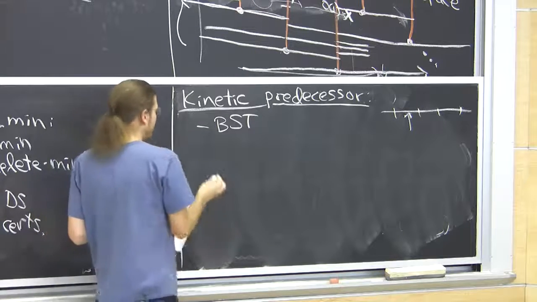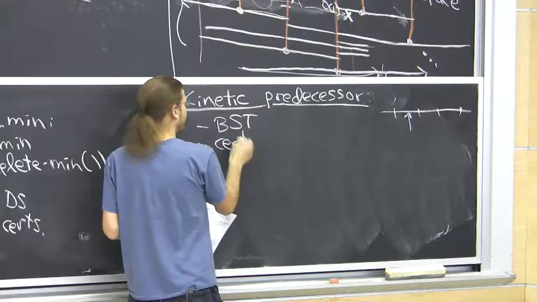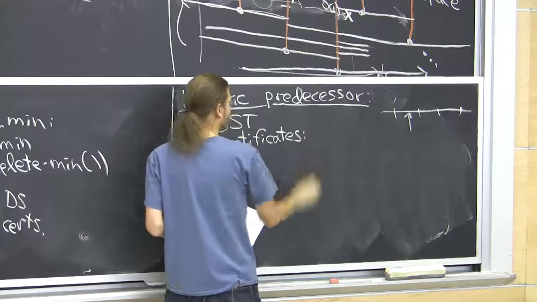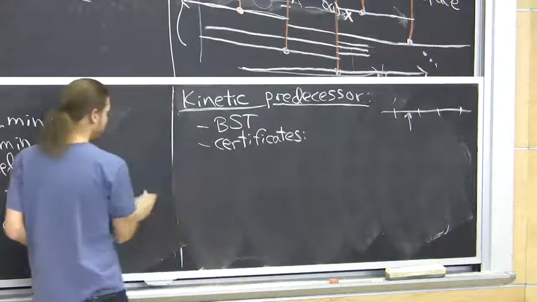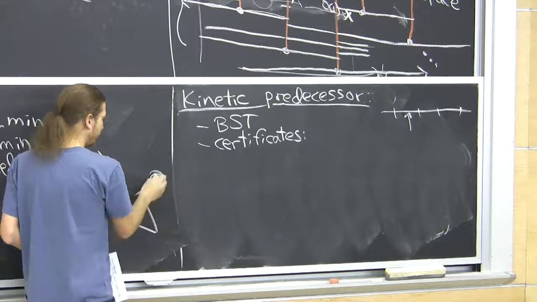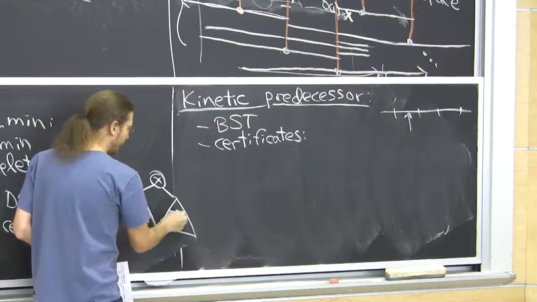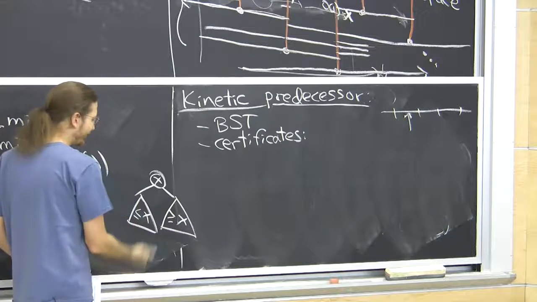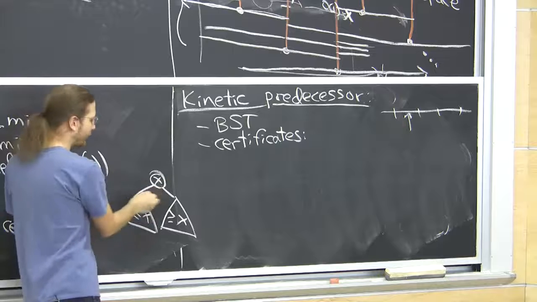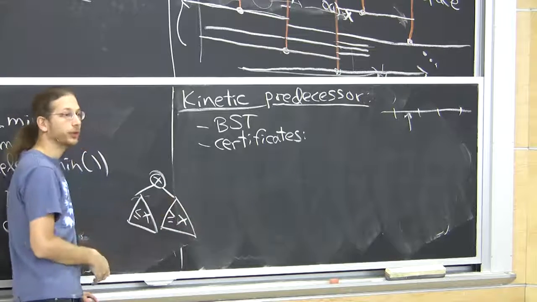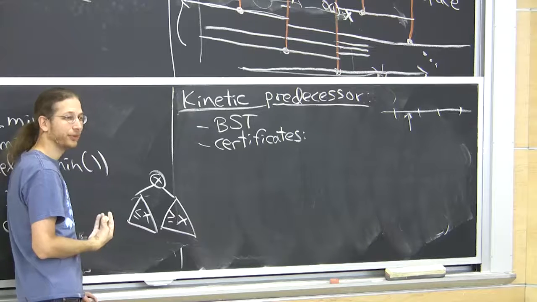So what do we need for certificates? I was going to use this as an example, but it's a little tricky to think about what the certificates are. Because the binary search tree property is that the left subtree is less than or equal to x, and the right subtree is greater than or equal to x. That's a lot of certificates. If I compare x to every single guy in the left subtree and every single guy in the right subtree, that would be a quadratic number of certificates in general.